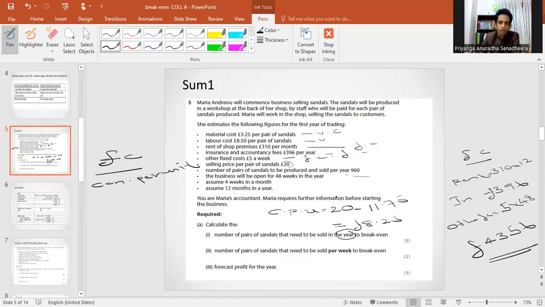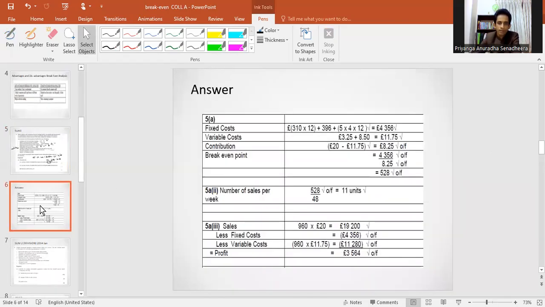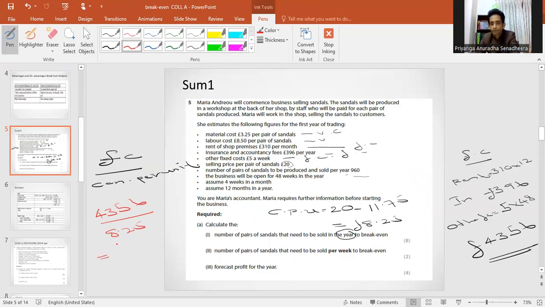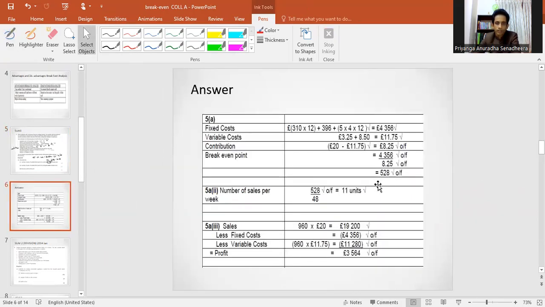Now we know two figures. We will get it confirmed by looking at the marking scheme. Yes, 8.25. Then we apply this to the formula. The fixed cost, 4,356, over our contribution per unit, 8.25. When you divide these two, your break-even output will be 528.